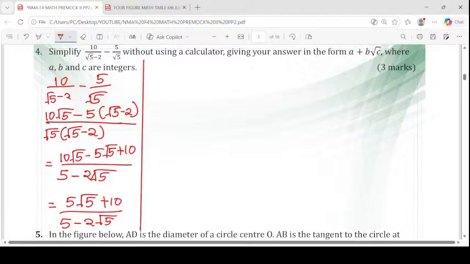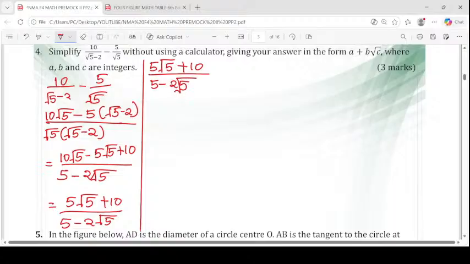So now learners, we are now having 5 root 5 plus 10 all over 5 minus 2 root 5.